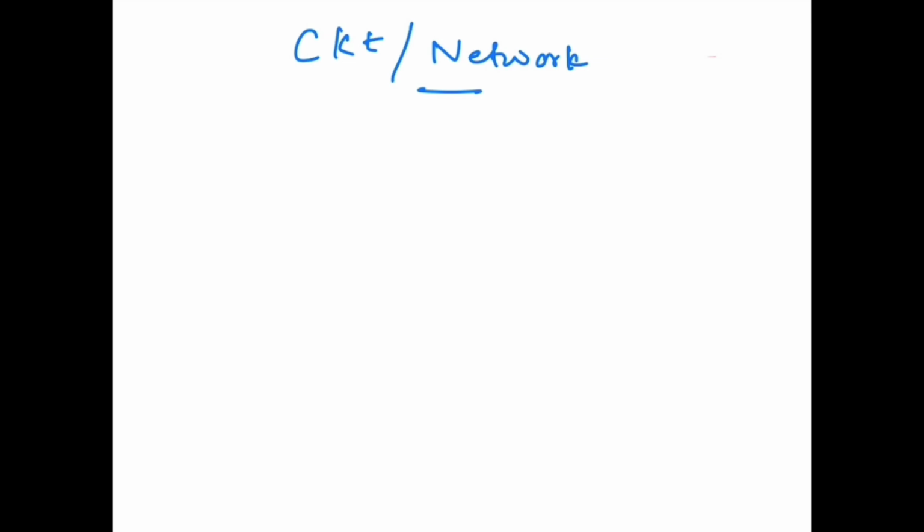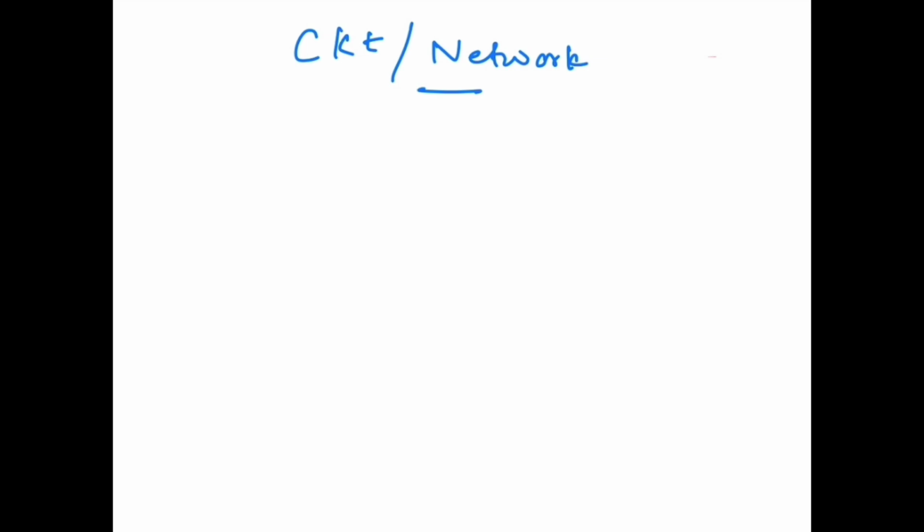For example, as I already told, network theory is more of a generic term. It can be for any system. It is not necessarily for an electrical system. So an electrical network means an interconnection of elements which may or may not have current flow.